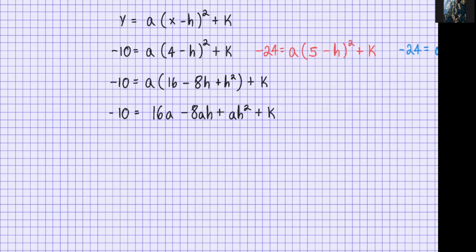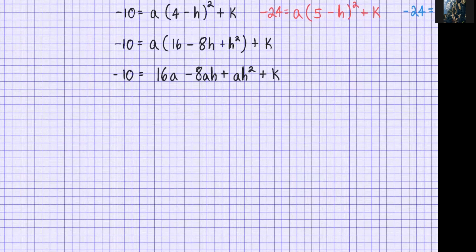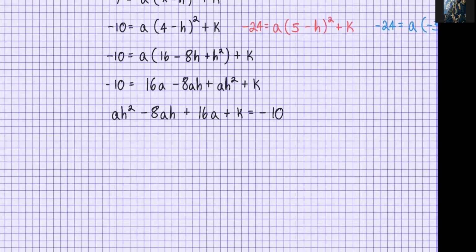Okay, so from here, I can just rearrange it. So I will have ah squared minus 8ah plus 16a plus k equals negative 10. There you go. I have my first one.